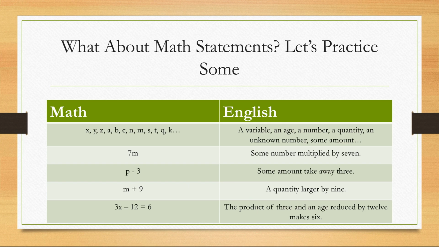So, usually a variable is represented with the words variable, or an age, a number, a quantity, an unknown number, some amount. It's usually a number that we are looking for. And it will be easy to identify if you look for these English translations.